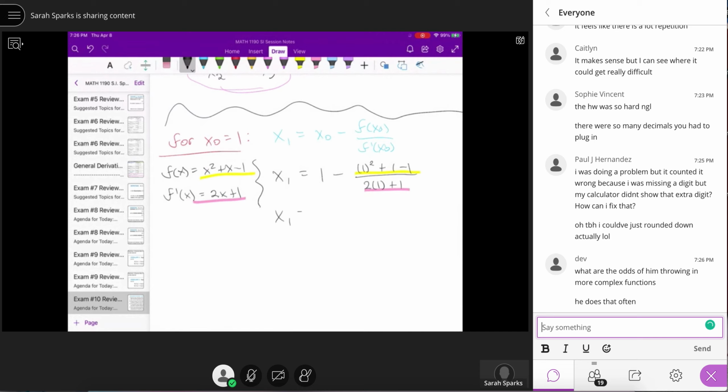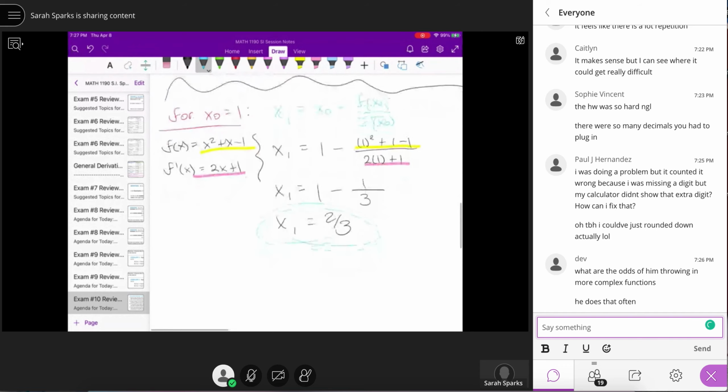Anyways, simplifying that right side of the fraction, you get 1 plus 1 minus 1 equals positive 1. Then 2 plus 1 equals 3. So we have 1 minus 1/3, which is just going to equal 2/3. So that is our x1. So now we're going to write x1 is equal to 2/3.